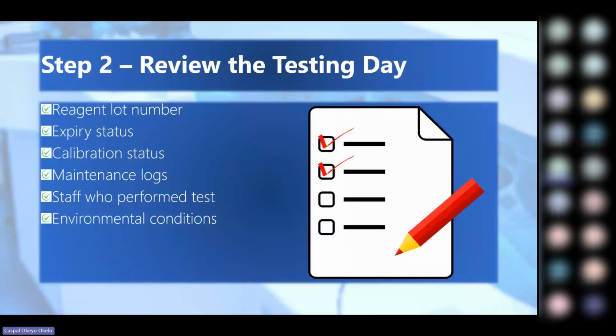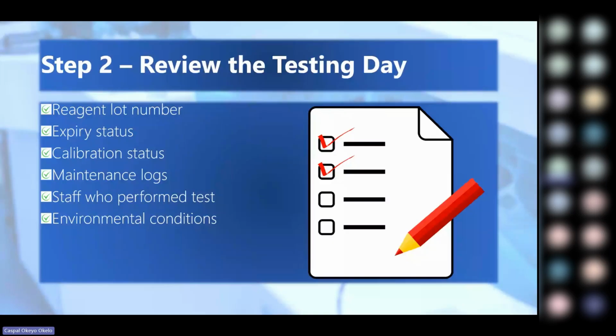Was the calibration documented? Was preventive maintenance up to date? Who performed the analysis? Were they trained and competent? Were there environmental issues like power fluctuations or temperature instability? Sometimes you realize that even small environmental changes can affect sensitive assays.